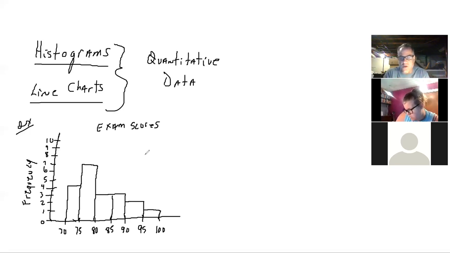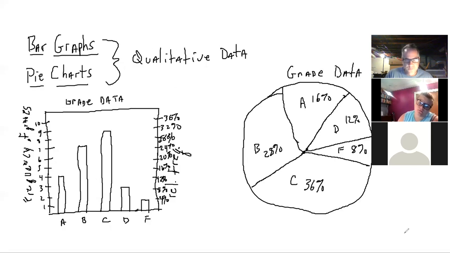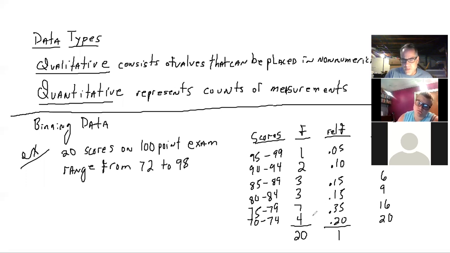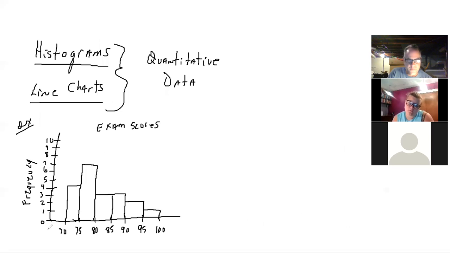You notice the bars are together. It's because I arranged the data in bins, and I'll turn back to this page, right here. This is where I'm pulling from to build the histogram, where I had arranged these in bins. Notice it went 70 to 74, by 5, then 75 to 79, 80 to 84, 85 to 89, etc. When I look at the histogram, I went down the horizontal axis and said 70 to 75.